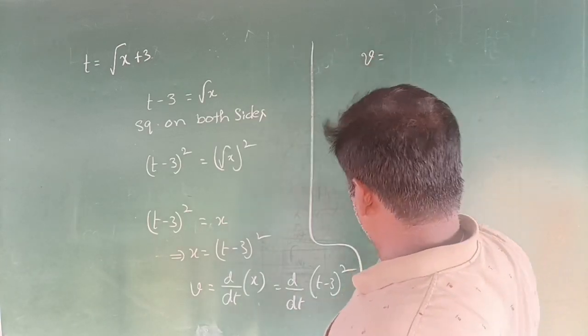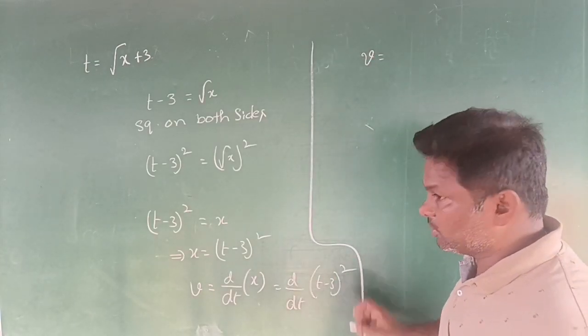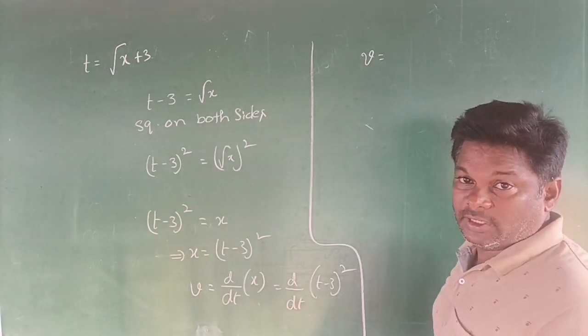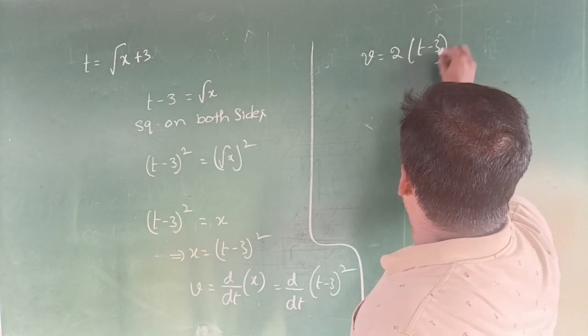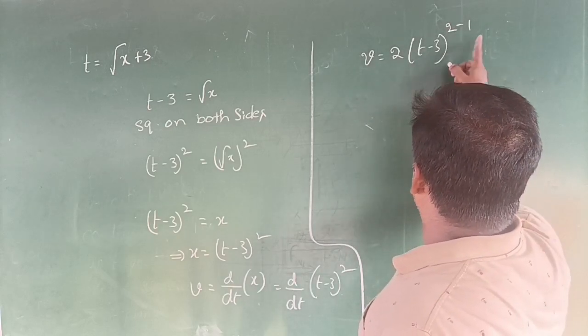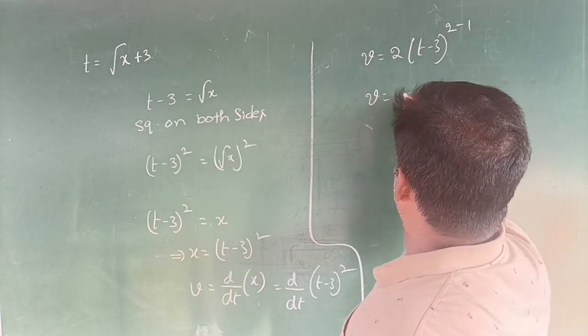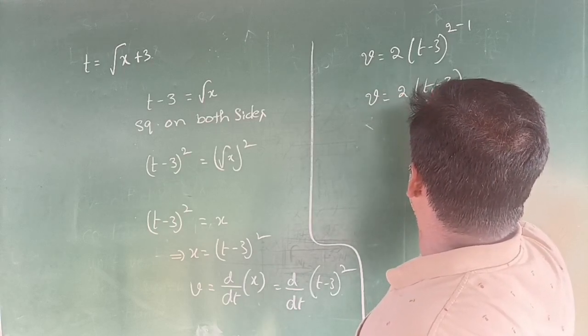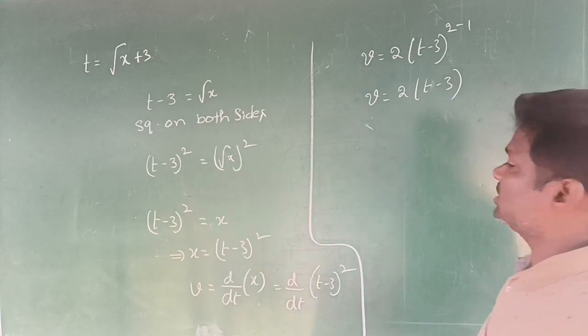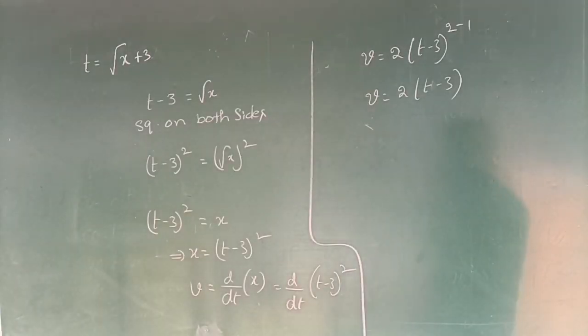This is similar to x to the power of n. V is equal to 2 into t minus 3 to the power of 2 minus 1, dt by dt you will get 1. That is equal to 2 into t minus 3. So this is your velocity.